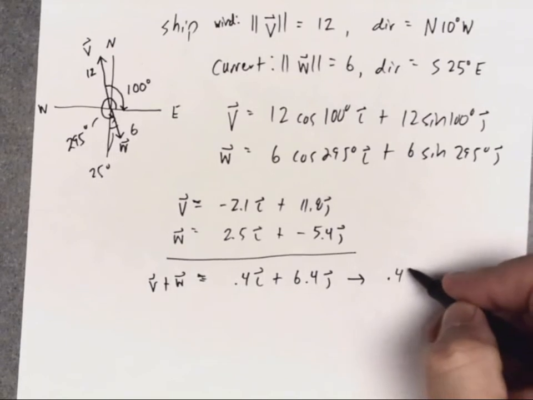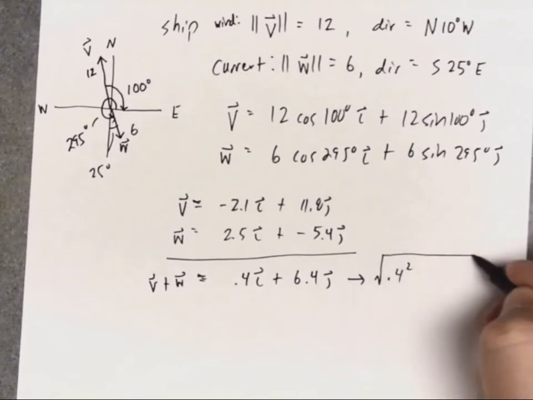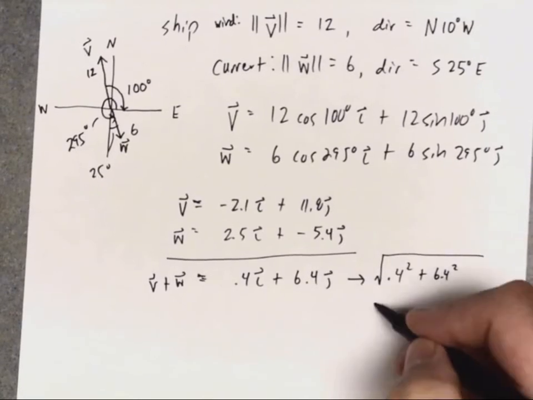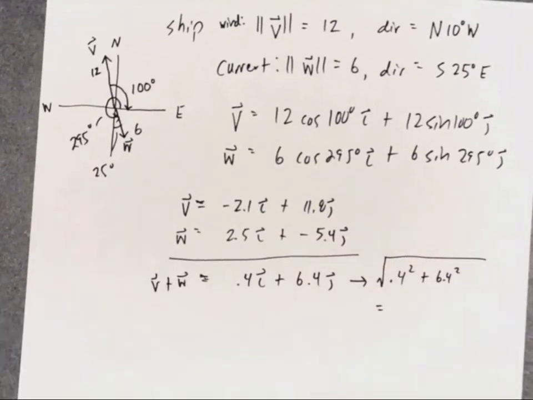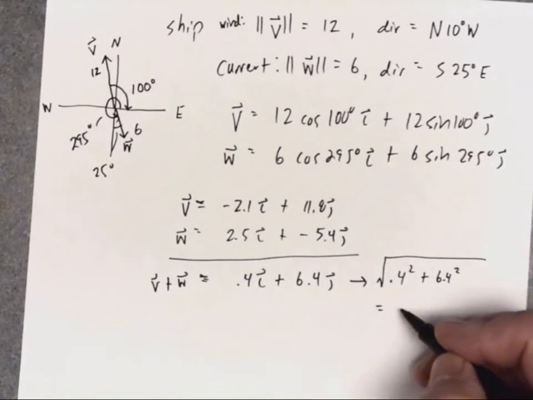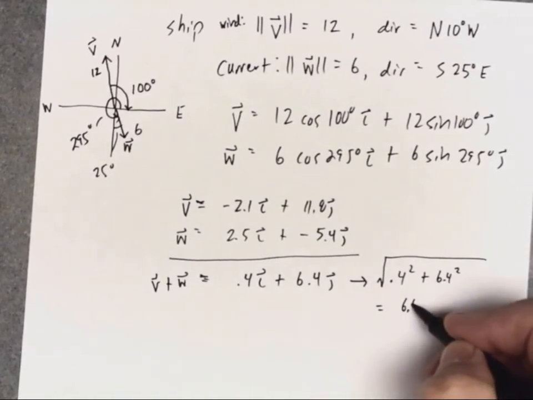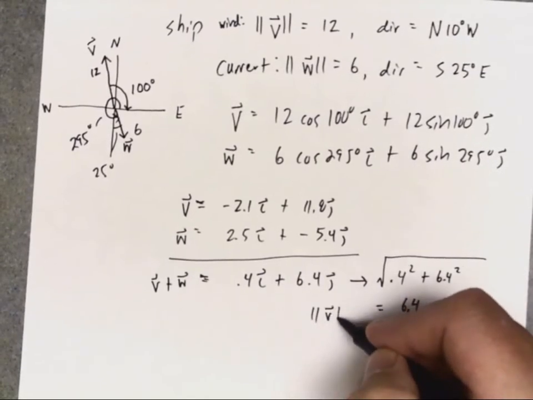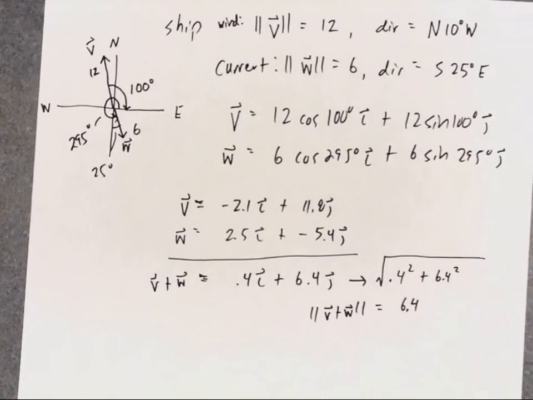So 0.4 squared plus 6.4 squared and take square root of all that. 6.4, so that's the magnitude of the resultant vector.